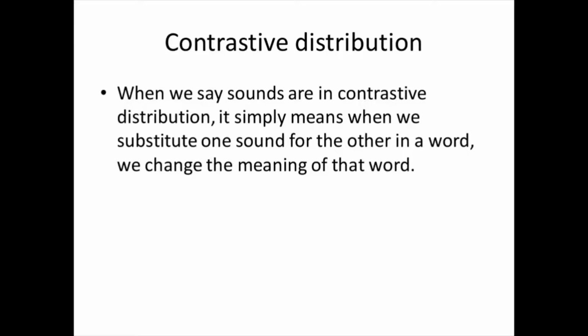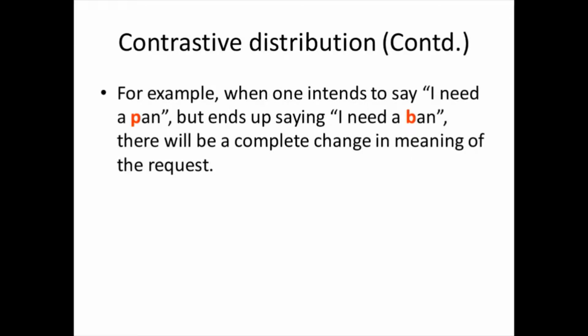If you remember, not too long ago, Mr. Apodo gave an example and explained what this is. When we change the two sounds, we change the meaning of the word. So when I make a request and I say I need a pan, but I end up saying I need a ban, I have communicated something different from what I intended. First, I need a pan with a consonant P, meaning a cooking utensil.